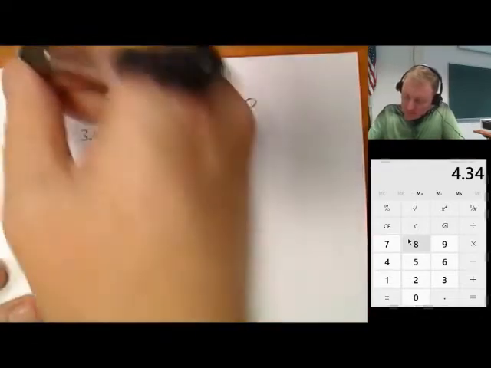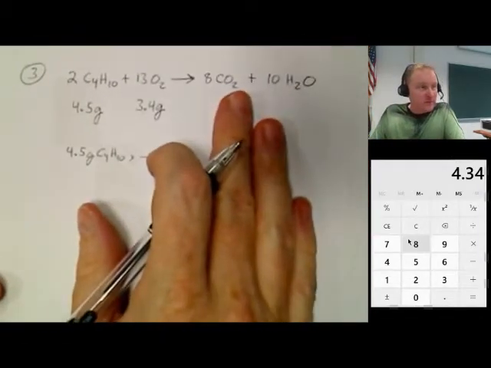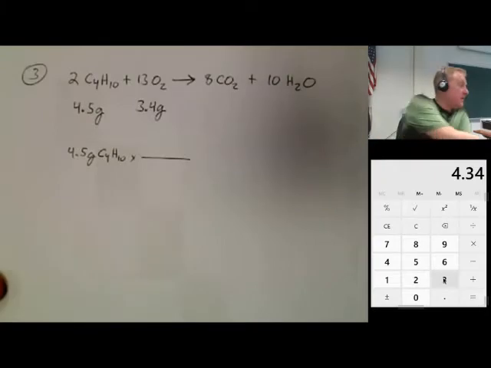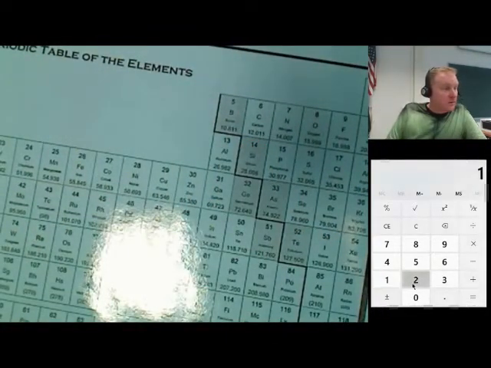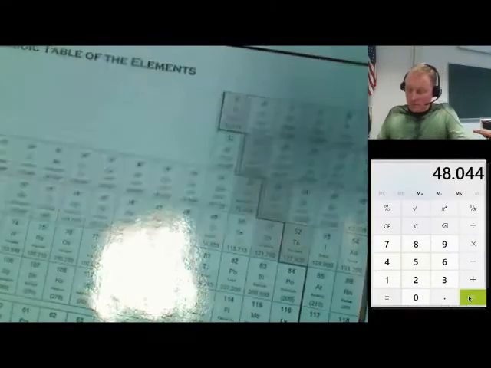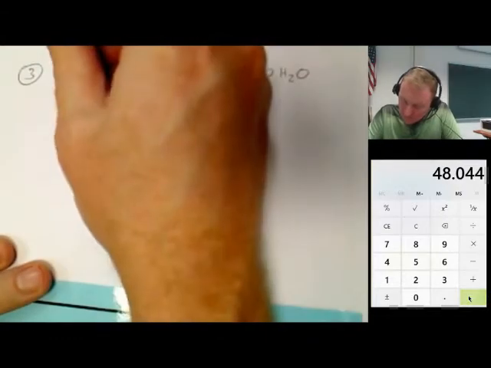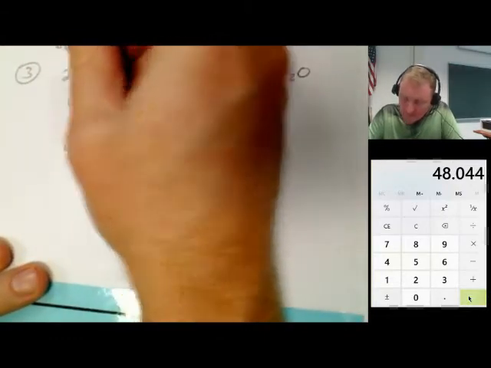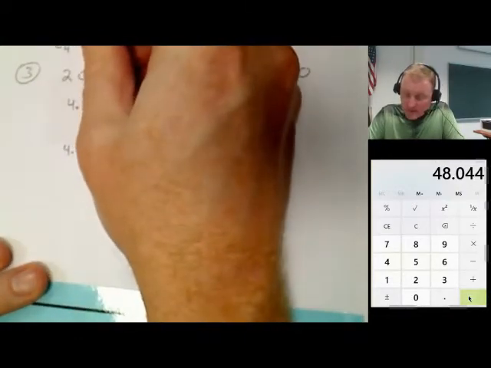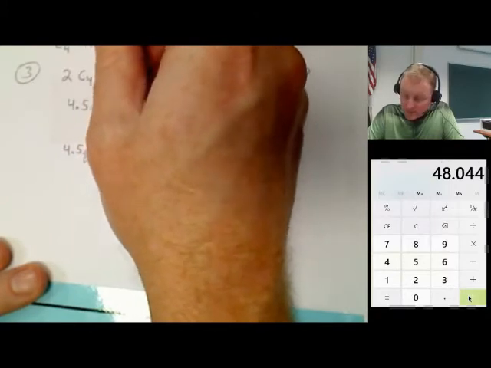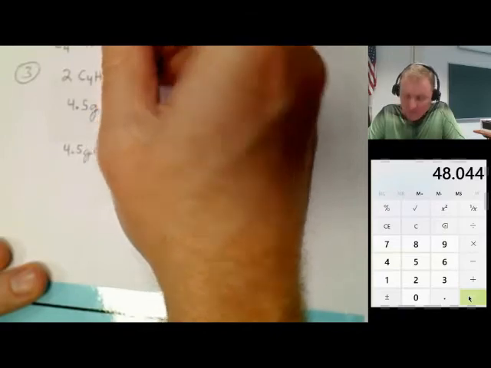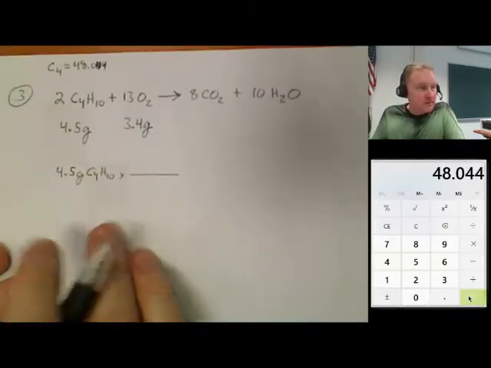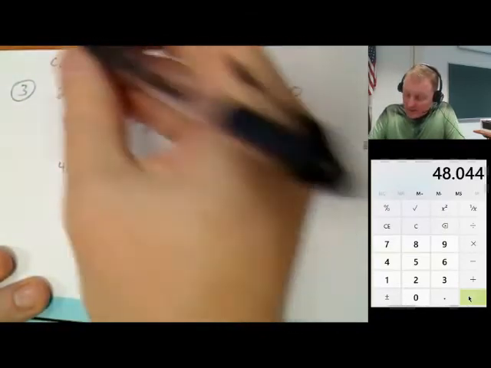Butane would be C4H10. It'd be the molar mass of carbon, which is 12.0100 times 4, so C4 equals 48.044, and hydrogen is H10.